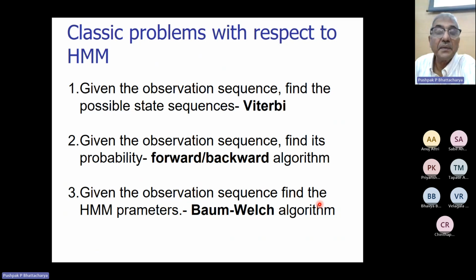And given the observation sequence, find the hidden Markov model parameters, that means get the transition probabilities and the emission probabilities. This is called the Baum-Welch algorithm. All these algorithms are very famous: Viterbi, forward, backward, and Baum-Welch. We'll cover these algorithms in the class.